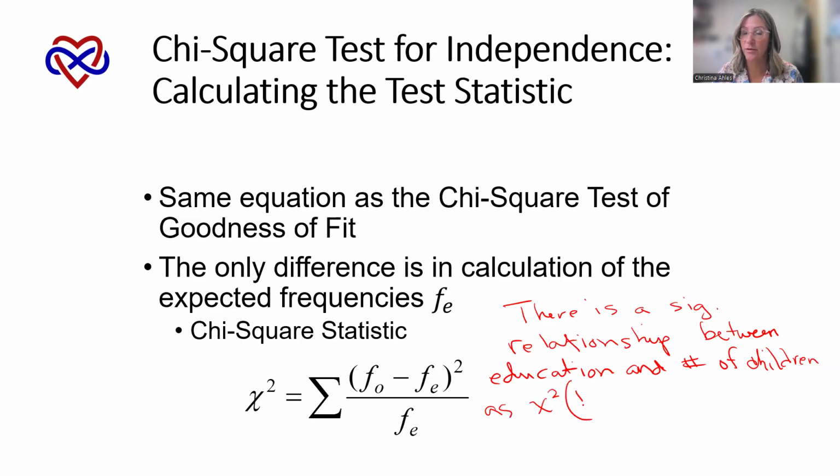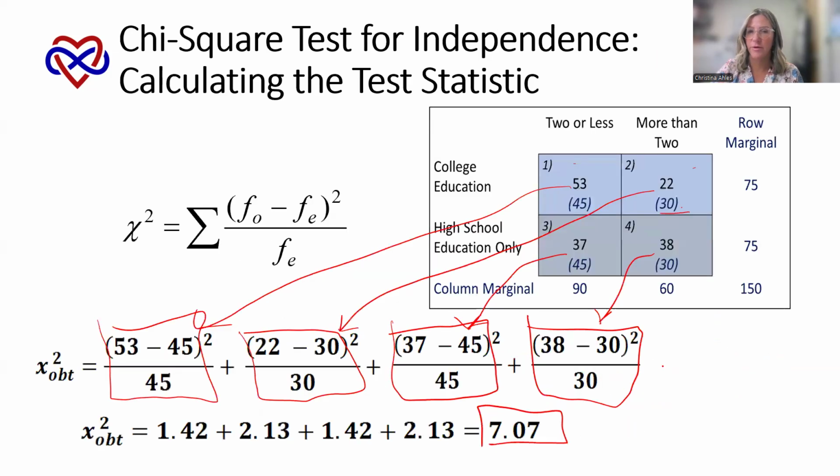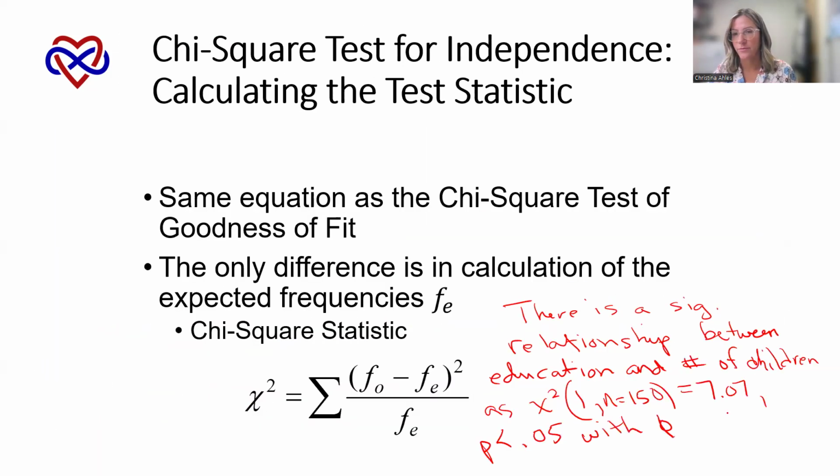If you remember, the degrees of freedom was 1, n equals 150. The test statistic was 7.07. P is less than 0.05, and that phi coefficient, if you recall, was 0.22.